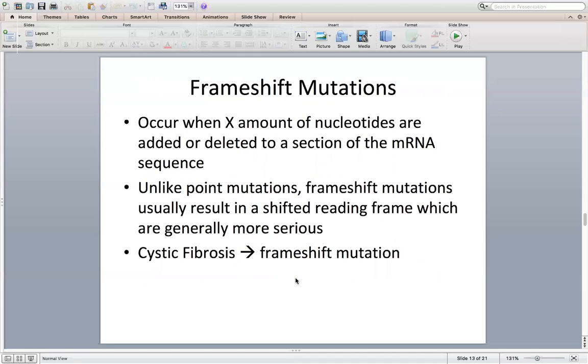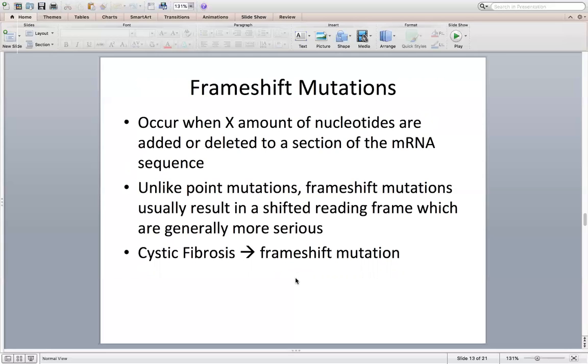The next type of mutation that we're going to talk about is the frameshift mutation. Frameshift mutations occur when some number of nucleotides are either added to or deleted from a section of the mRNA sequence. The reading frame is the name given to the 3 nucleotides of a codon. It's sort of how it reads it and the space that it reads it at. When insertions or deletions occur, that reading frame can be shifted.